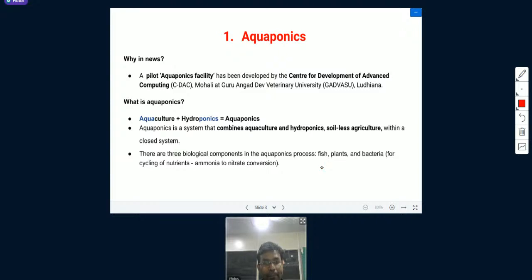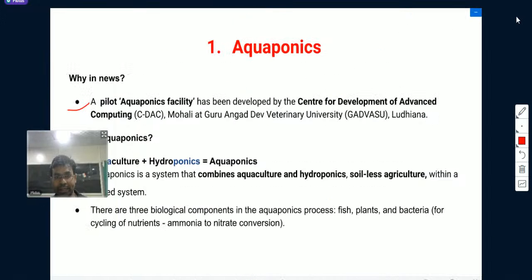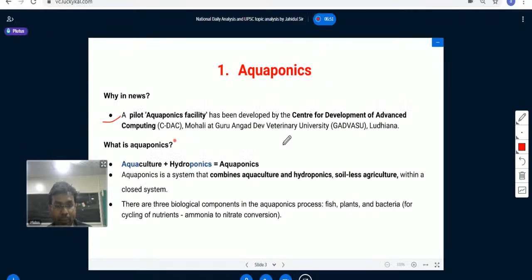Because a pilot aquaponic facility has been developed by the Center for Development of Advanced Computing, CDAC, at Mohali. CDAC Mohali developed it at Guru Angad Dev Veterinary Sciences, located at Ludhiana.